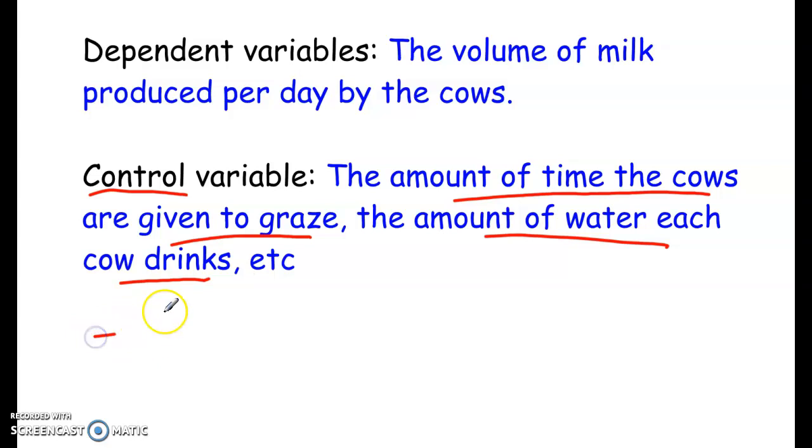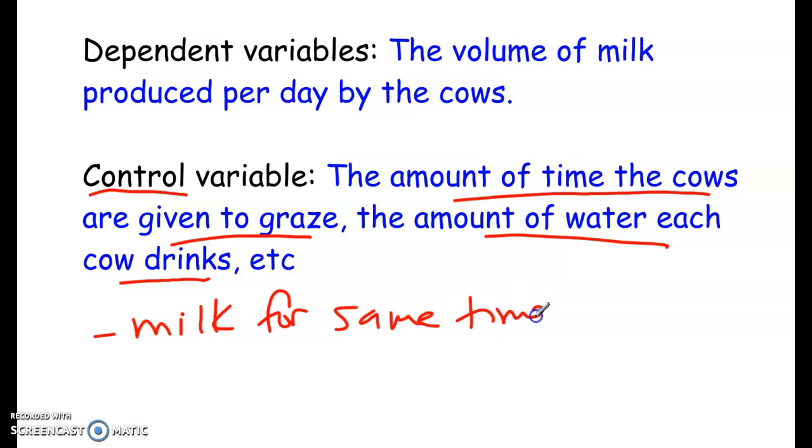A few other things you can look at: you want to make sure that you milk them for the same amount of time. You want to make sure maybe you have the same number of cows in each test group.